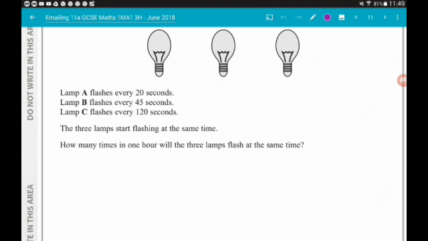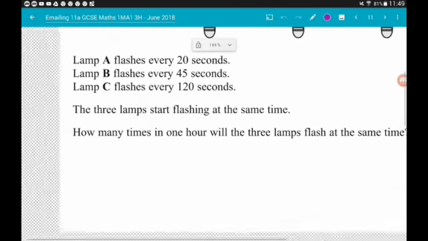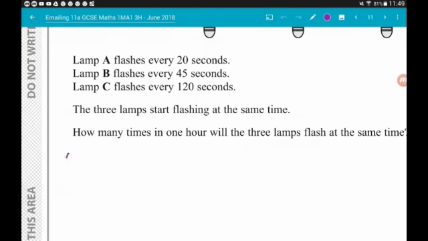So the problem that we have here is how often are lamp B and C going to flash. So what we're going to do is write down some multiples of 45 and write down some multiples of 120 and see what the lowest common multiple of these two numbers is. So let's do C first.